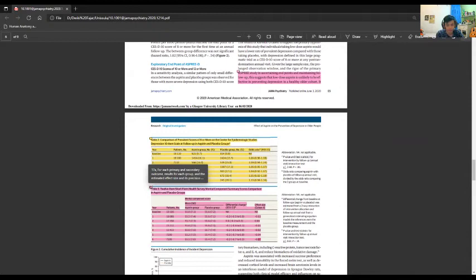And we move to 17. So 17 is divided into 17a and 17b. 17 is basically about outcomes and estimation.